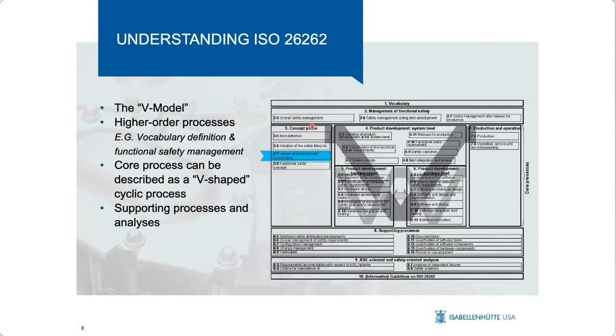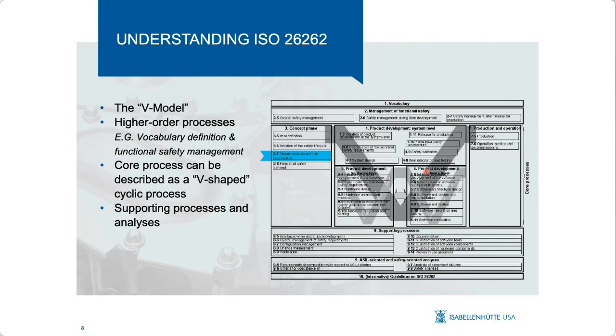Starting off on a high level in the concept phase and the product development phase, the whole process breaks down in the system design phase, where it splits up to the hardware level product development and the software level product development. And these processes can run simultaneously and in a cyclic manner.